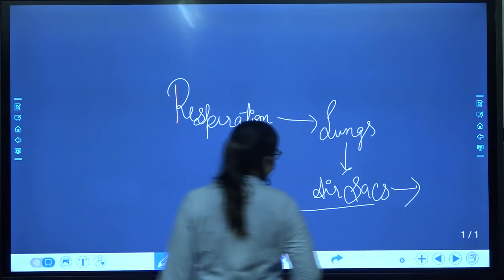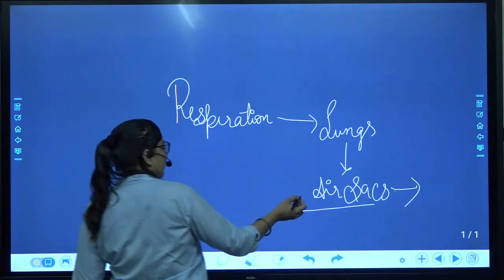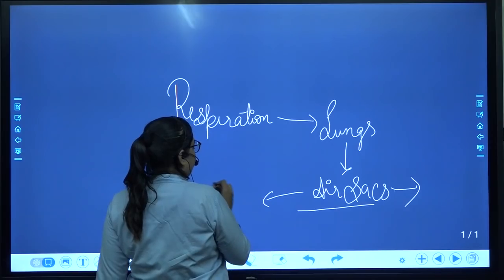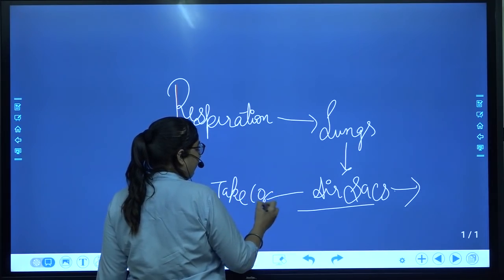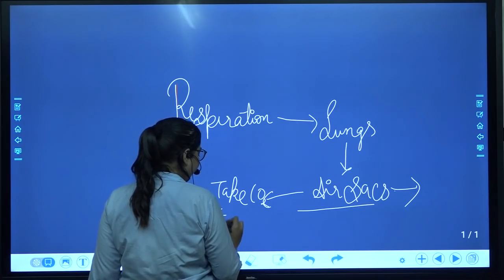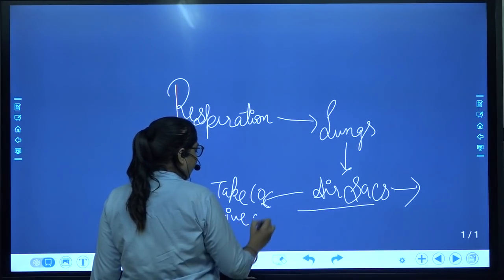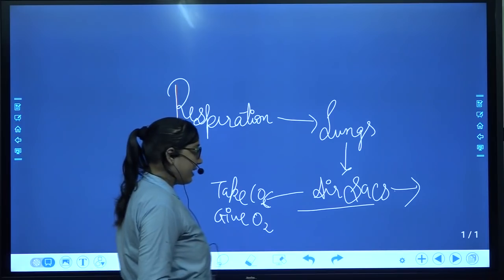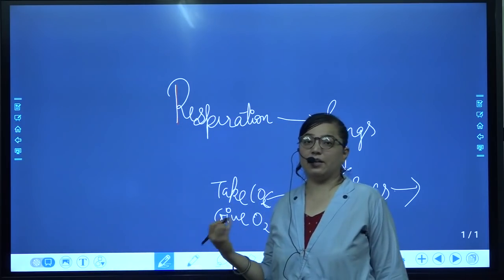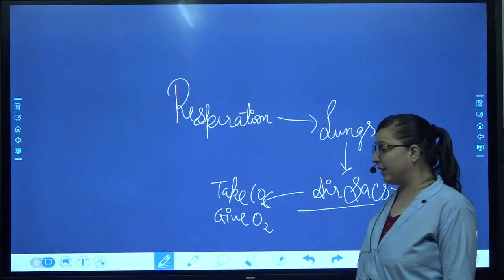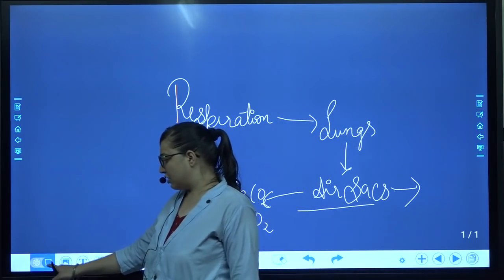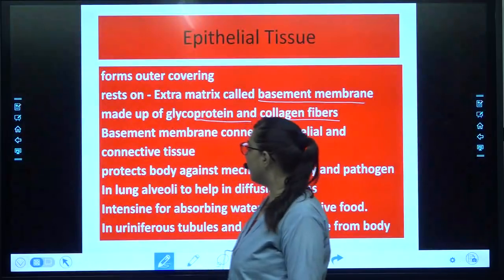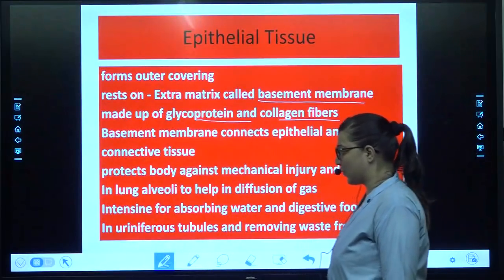It will take CO2 and it will give oxygen. These air sacs take carbon dioxide and give oxygen, and ultimately help in gaseous exchange. Now that is happening because of epithelial tissue.